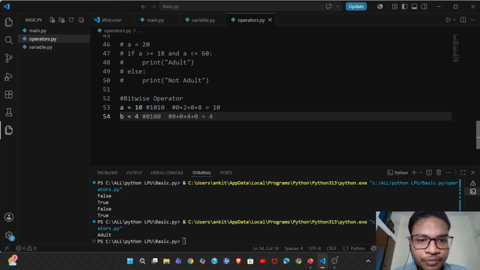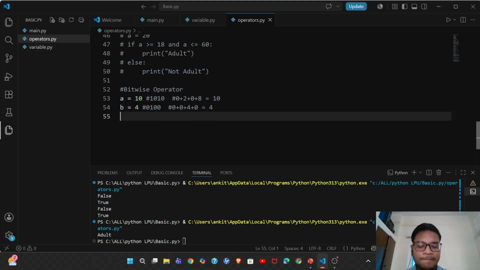From this method we find the binary values of A and B. So now let's test all the bitwise operators one by one.